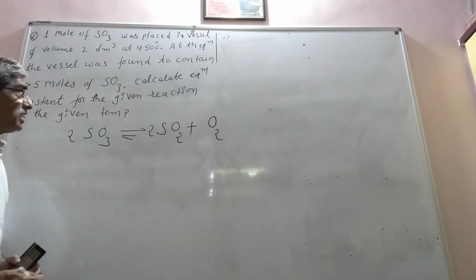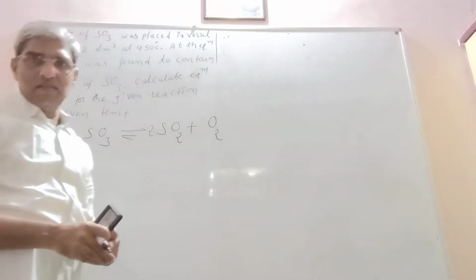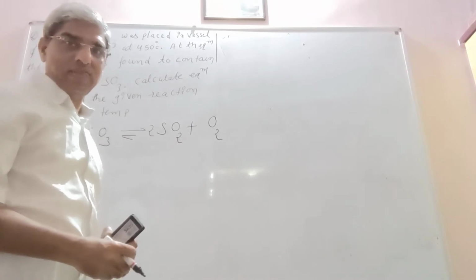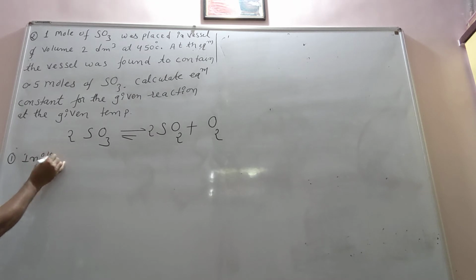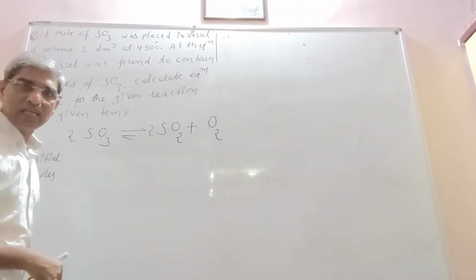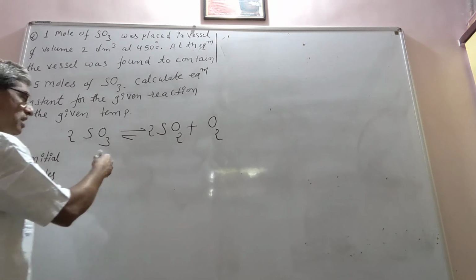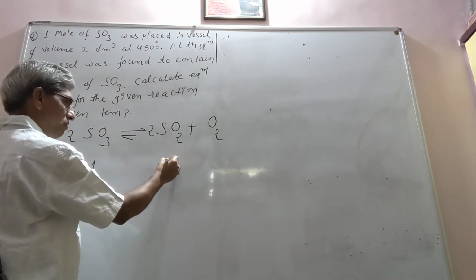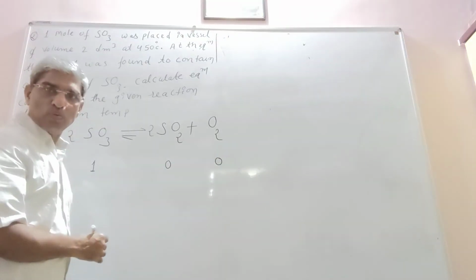Then, 1 mole of SO3 was placed in a vessel, which means the initial moles are given. How many moles of SO3 were placed in the vessel at the initial stage? 1. At the initial stage, no products are formed, therefore products are 0, 0.